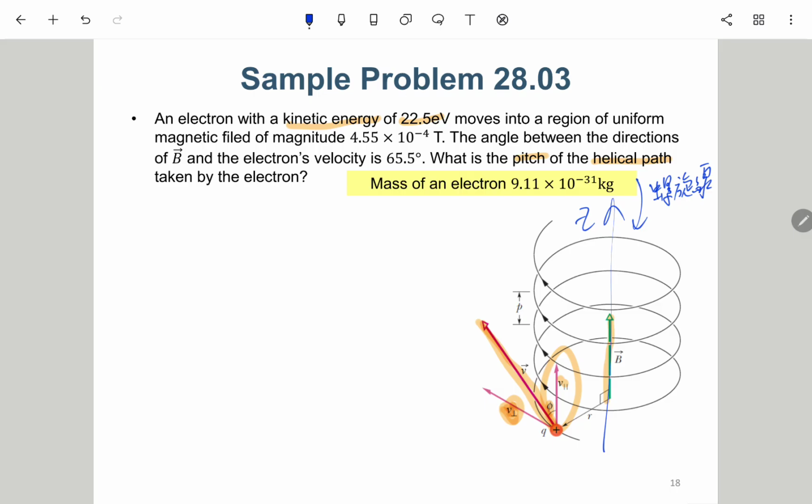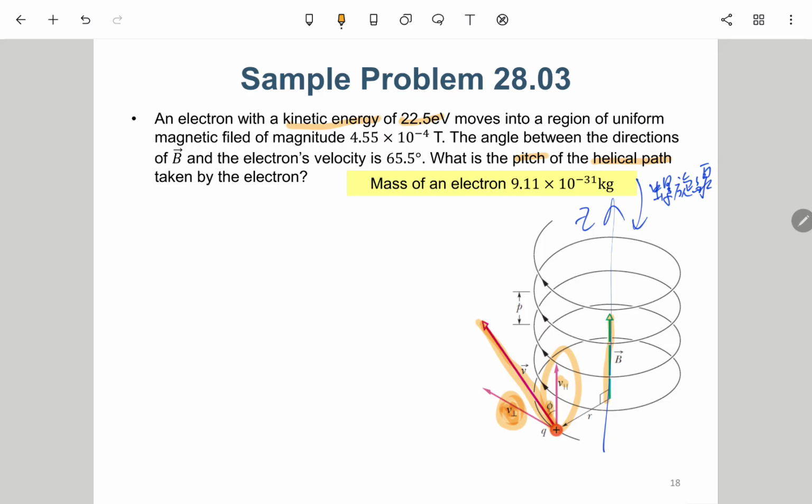In the xy direction, v perpendicular is perpendicular to the B field, so in the xy plane it will have circular motion. In the xy plane it is circular motion, but in the z direction it is moving upward uniformly.